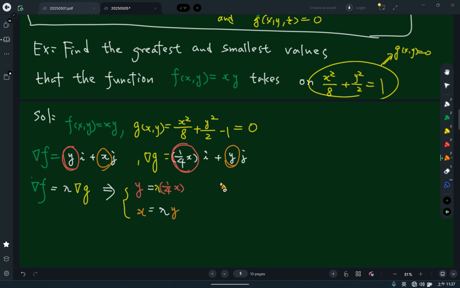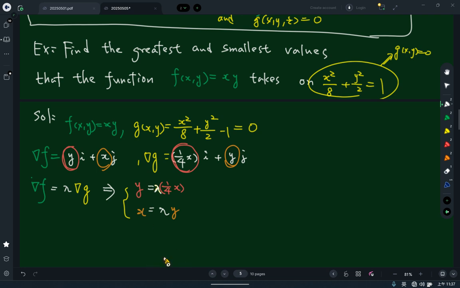So if we have gradient f is equal to lambda gradient g, for the x part they will be proportional. For the y part, they also will be proportional, and the ratio is lambda. Okay.